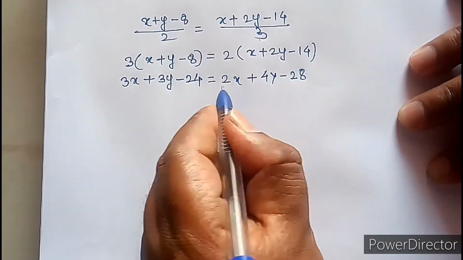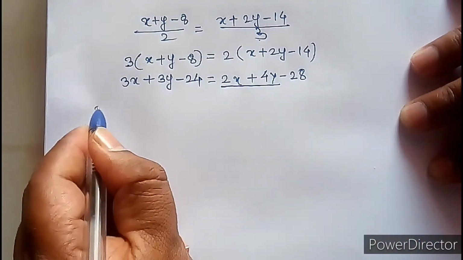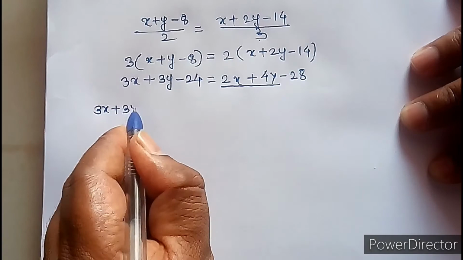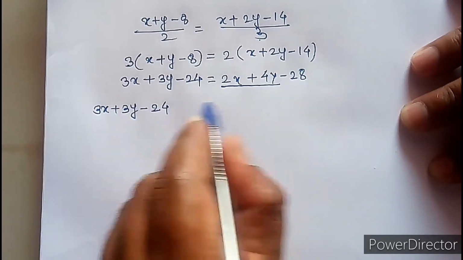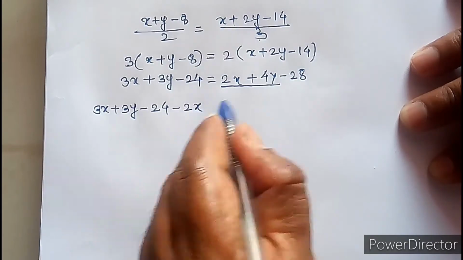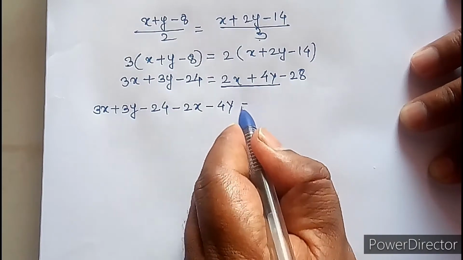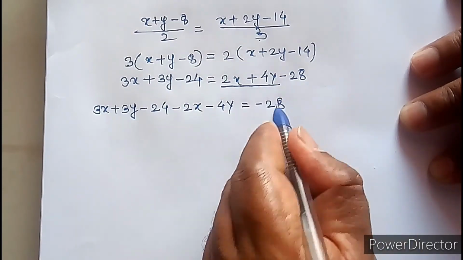Now shift this 2x plus 4y to the left hand side: 3x plus 3y minus 24 as it is on the left side. Now shift this, it will be minus 2x and minus 4y, meaning its sign changes, equals minus 28 as it is.